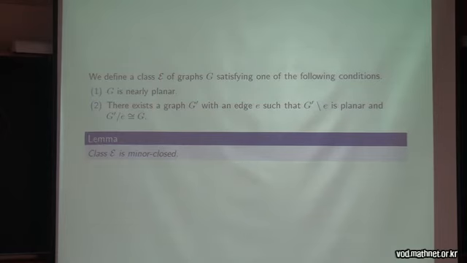So from the graph G, we find the apex vertex, and we will try to split that apex vertex in different ways. And after splitting, if the new edge becomes a planarizing edge, then I will put that original graph into the class E. Fortunately, this class is a minor closed class.